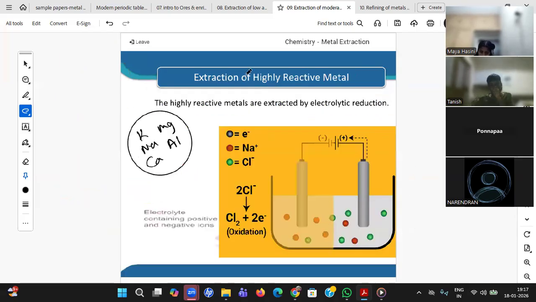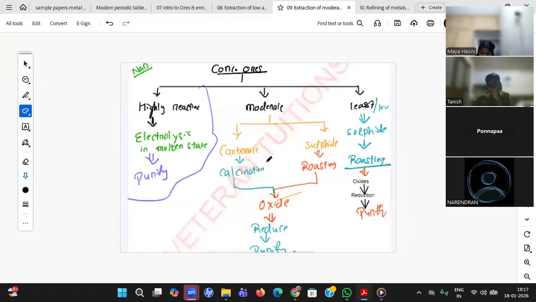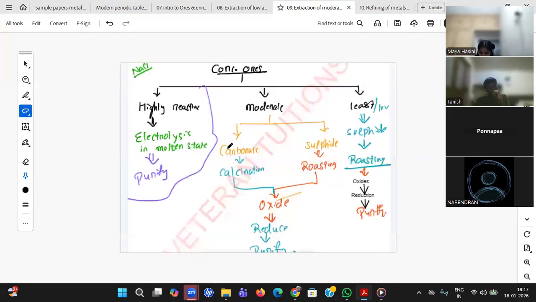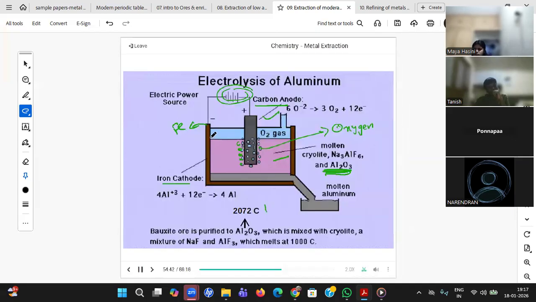Okay, students, the same ideology you can use for other elements also. Like I have explained NaCl, Al2O3 is also highly reactive. Definitely, that should also be heated. NaCl is easy to liquefy, but heating Al2O3 is not so easy.